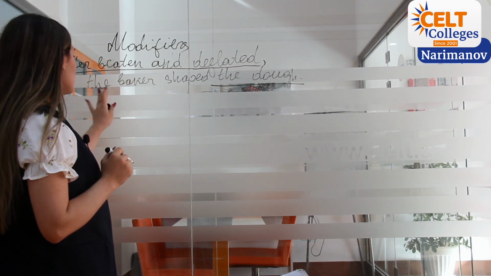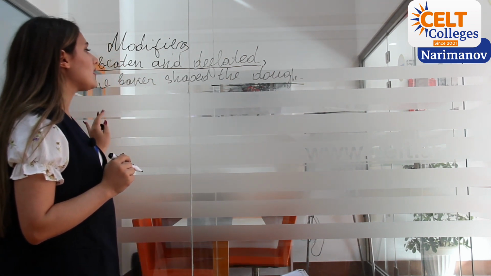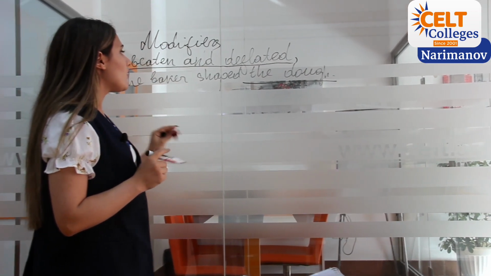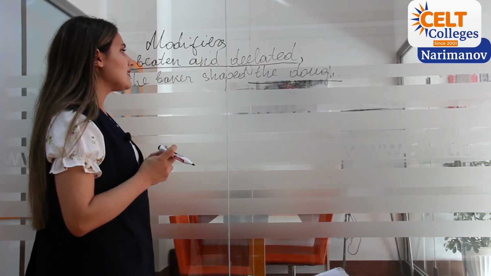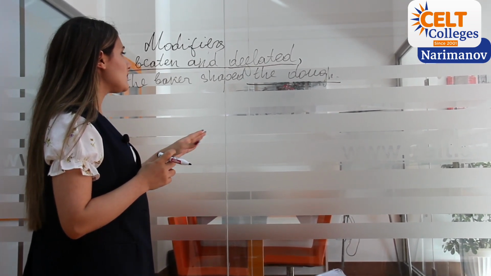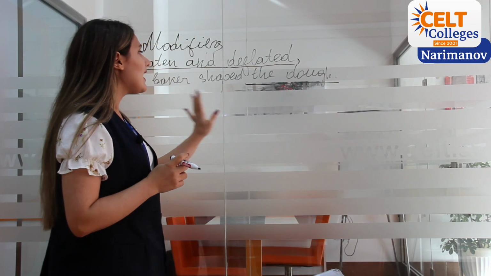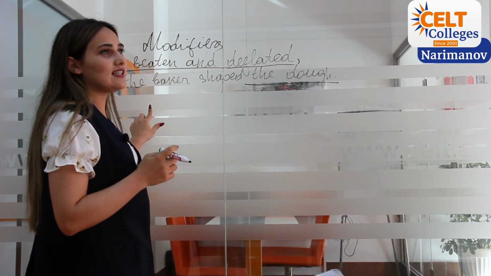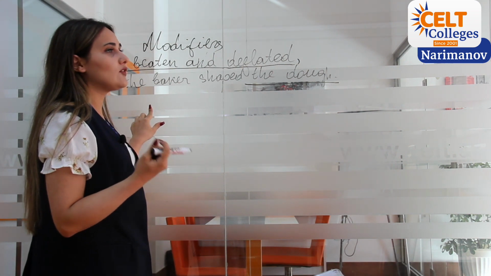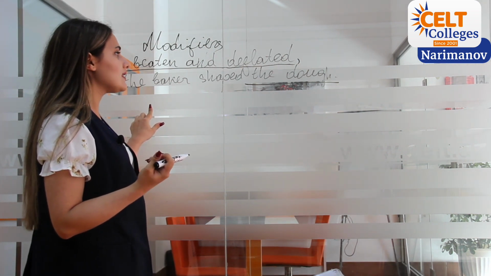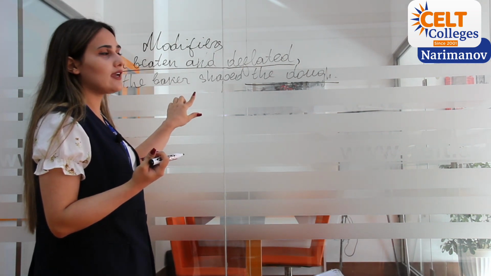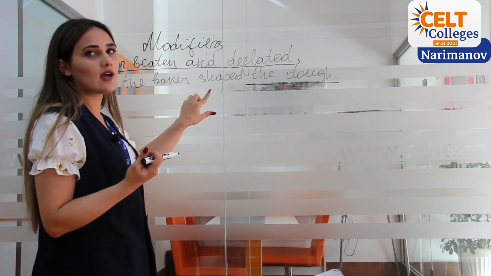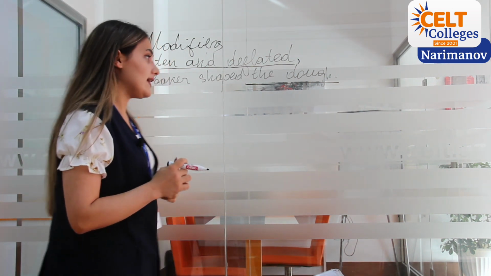That's why the dough has to be placed immediately after our modifier. So the dough will be our subject, which means our object will become our subject, and there will be a change in the voice. The sentence was in the active voice, but in order to correct it, I have to change the voice to the passive one.